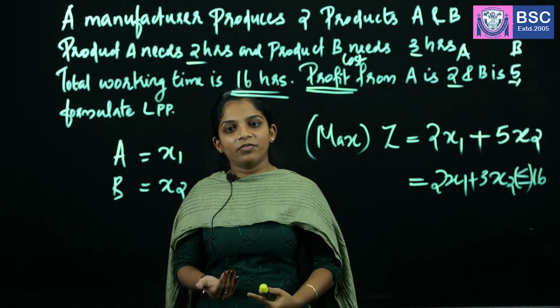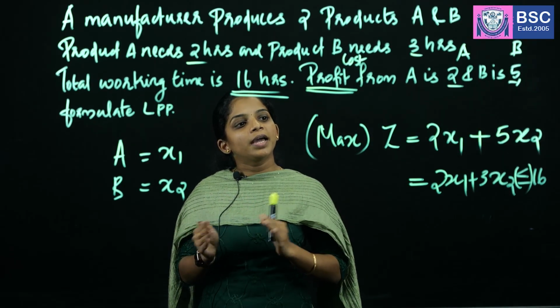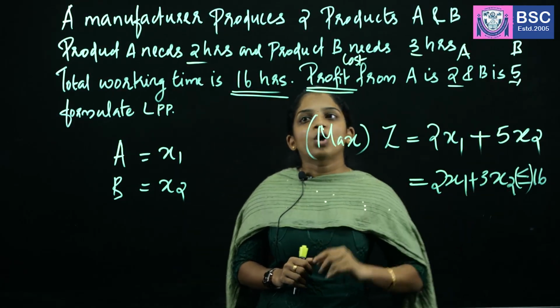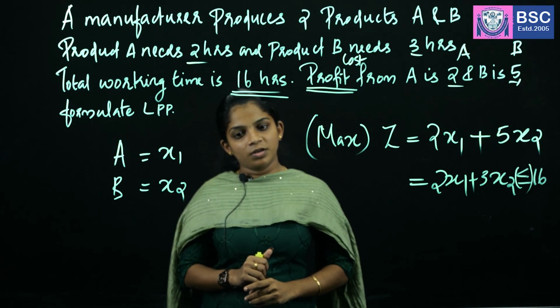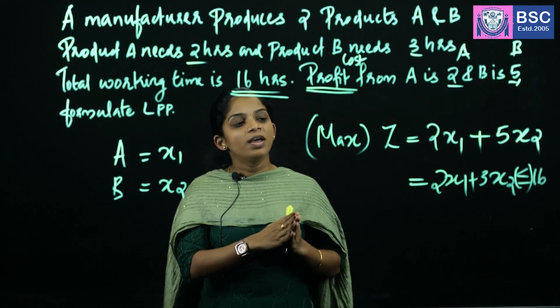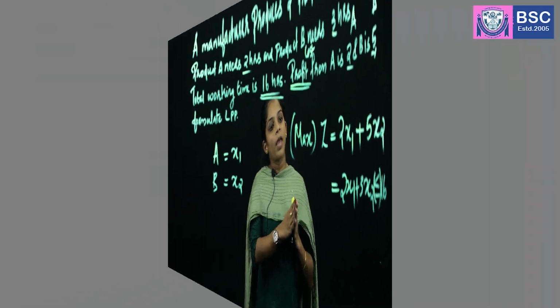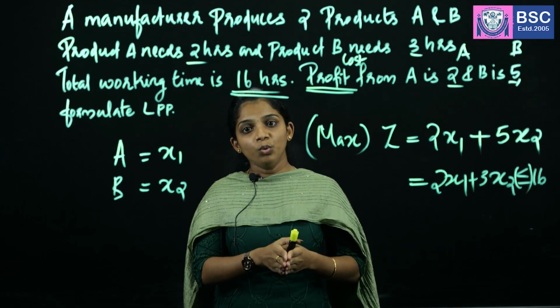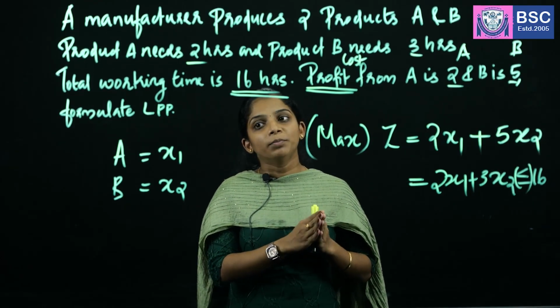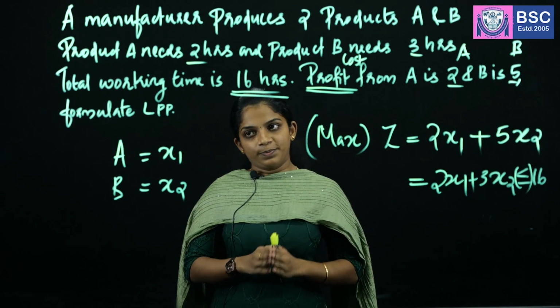We are expecting profit from A and B, 2 and 5 respectively, but the problem is the total working time allotted. So for that we formed a mathematical problem, 2x1 plus 3x2 less than or equal to 16. That means x1 can take a working time of 2 and x2 can take a working time of 3, but it should not be more than 16 hours.